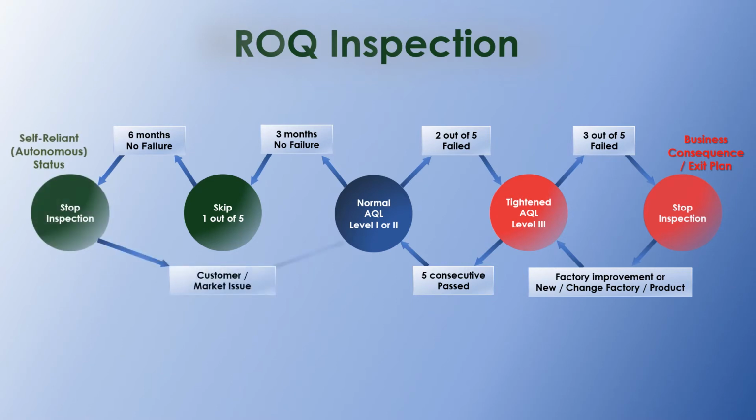And in an event of a major quality issue with a customer or market, inspection can be restored and tightened or loosened accordingly with the evolving inspection results. With ROQ, the switching criteria can be set up and updated based on business needs. As an example, between premium and non-premium brands, must-win products, and so on.